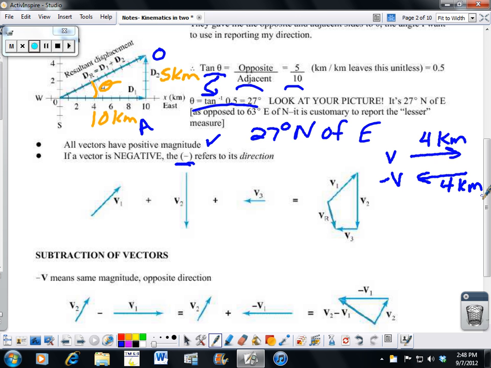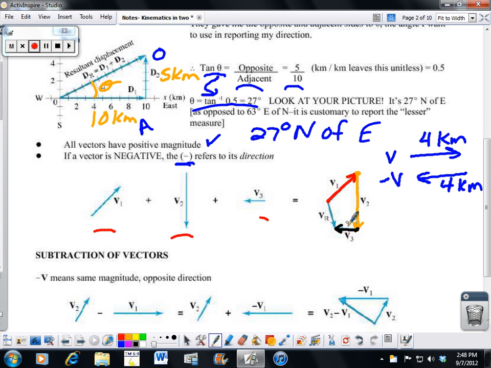So let's do an easy example that doesn't have negatives, and then let's do one that does. So if I asked you to add 1 plus 2 plus 3, it actually doesn't matter which one you start with, but I'm going to go ahead and do it in order. So I start at 1, I draw them in, I then start 2 at the end of 1, go down, and then I start 3 at the end of 2 and go over.